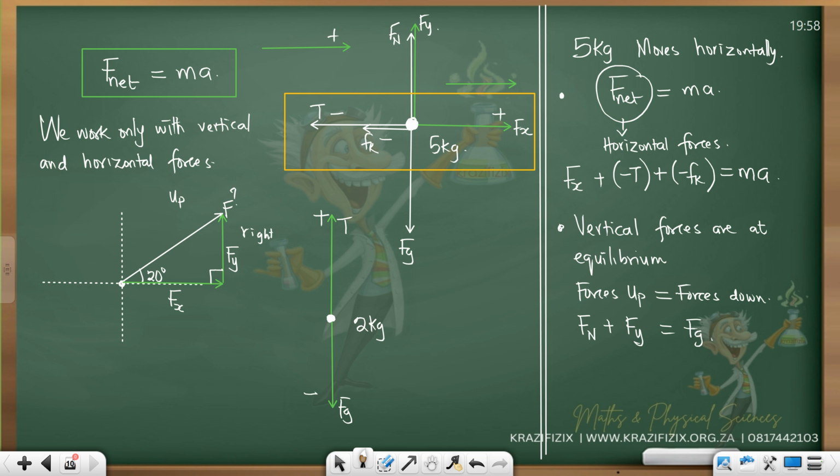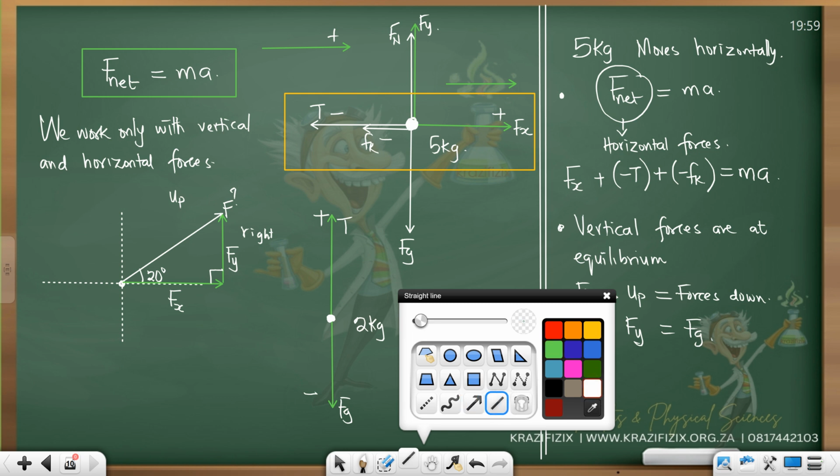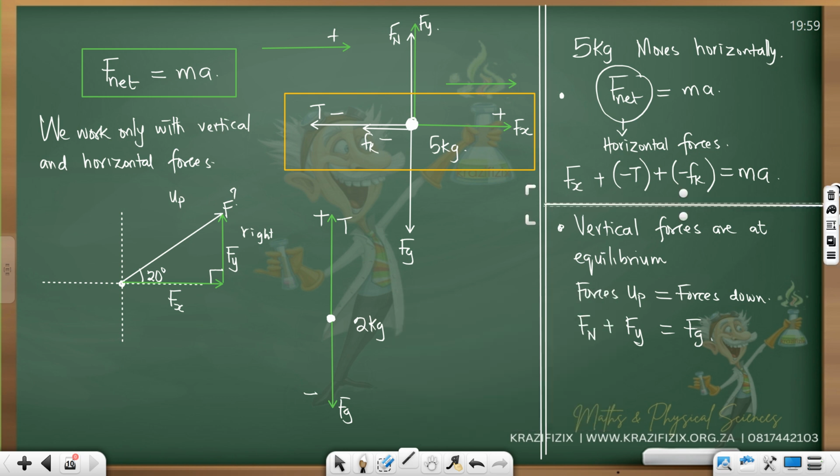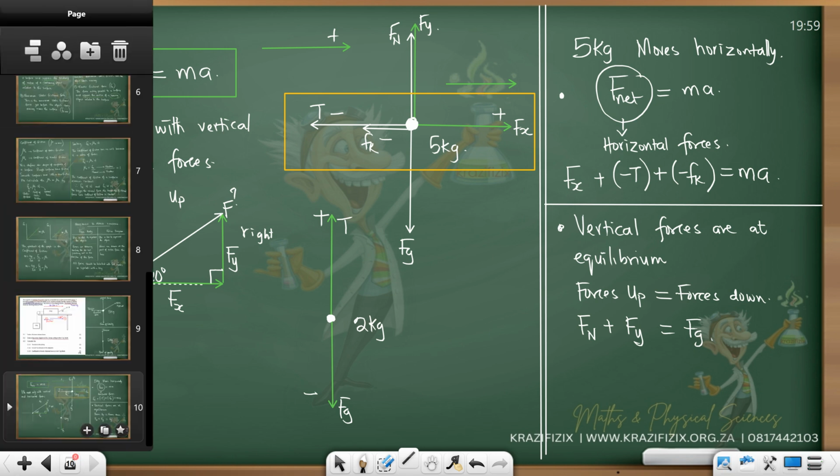Please, this statement is very important. 5 kg moves horizontally. So when I say F net, I am dealing with horizontal forces. My vertical forces are going to be what? At equilibrium. The one going up is the same as the one going where? Down.